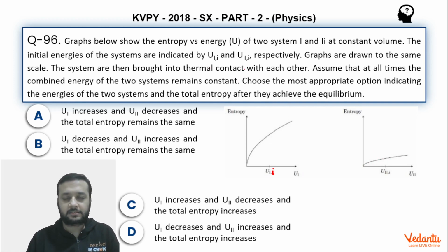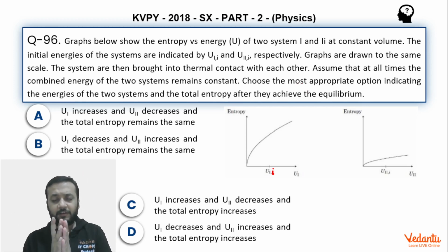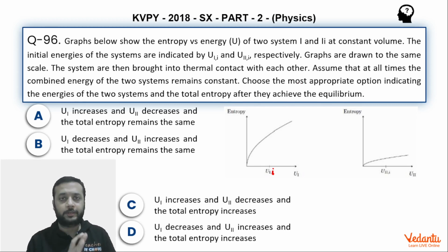Now we are mixing system 1 and system 2, and we have to comment on whose energy will increase and whose energy will decrease. One more thing is given: the total energy of the system will remain constant. That means when we mix these two systems, the combined energy of system 1 and system 2 is not going to change. This is the assumption that we have to take.